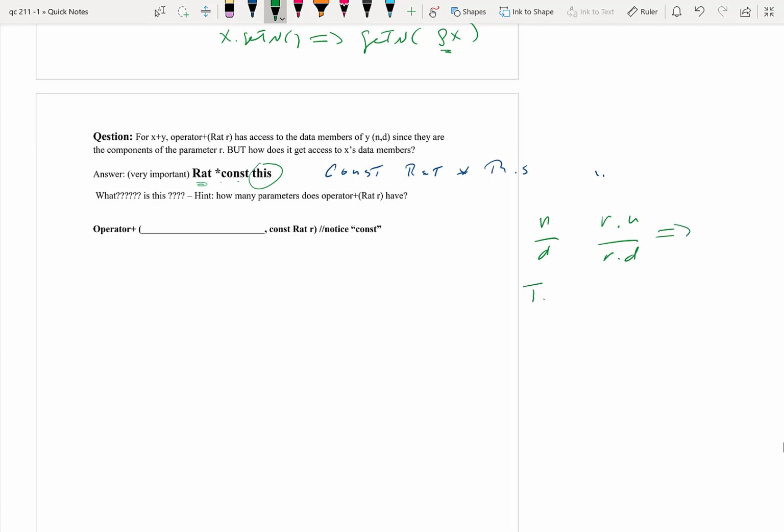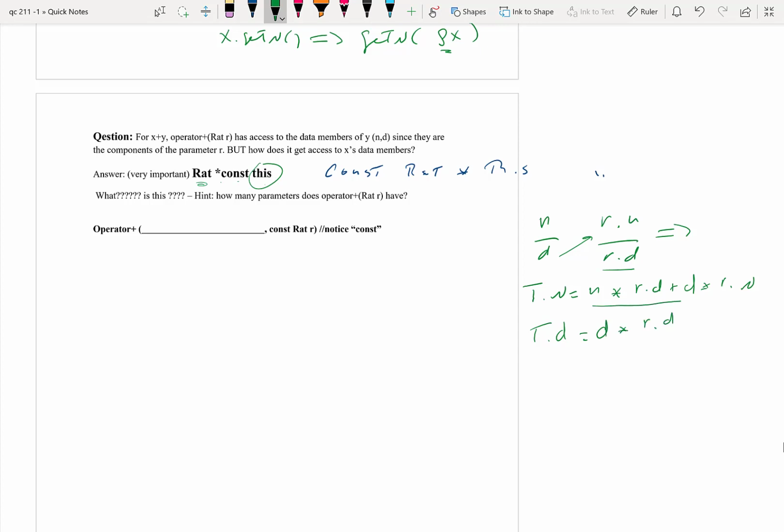We said the t dot numerator was really n times r dot d plus d times r dot n. That was the numerator, and t dot denominator was simply the denominator of x times the denominator of y.